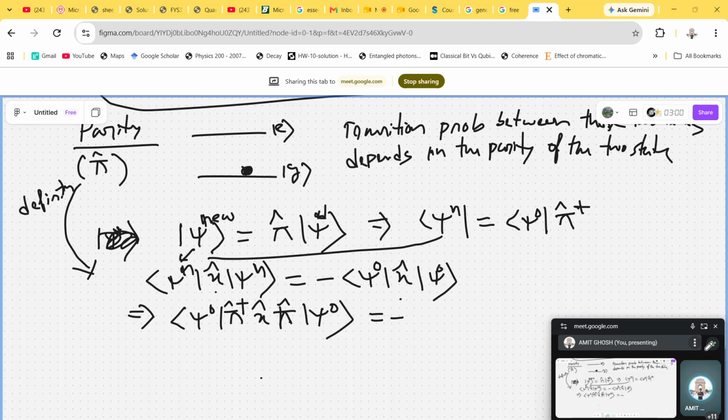This is equals to minus ⟨ψ_0|x̂|ψ_0⟩. So from here you can check that Π†x̂Π equals minus x̂.